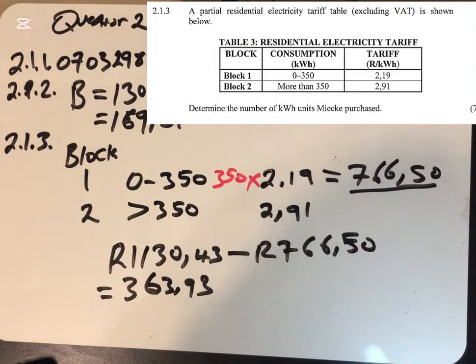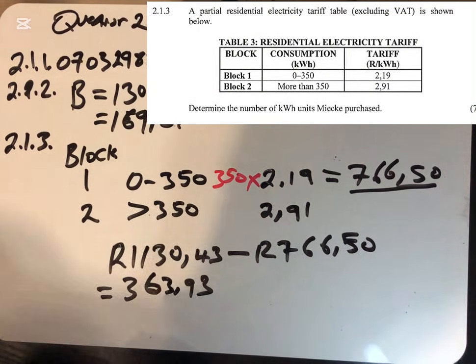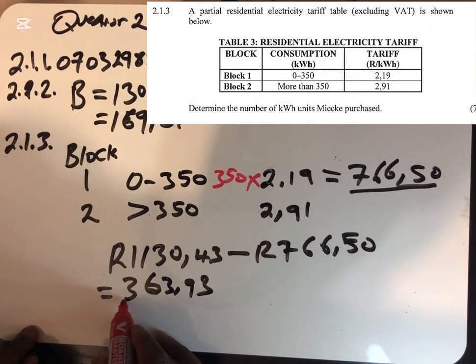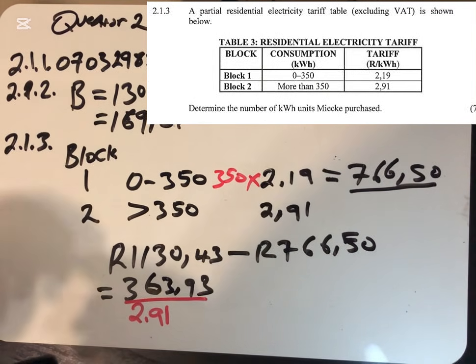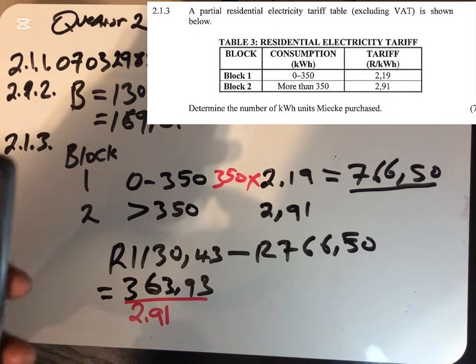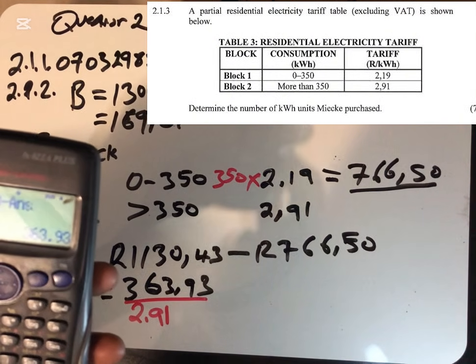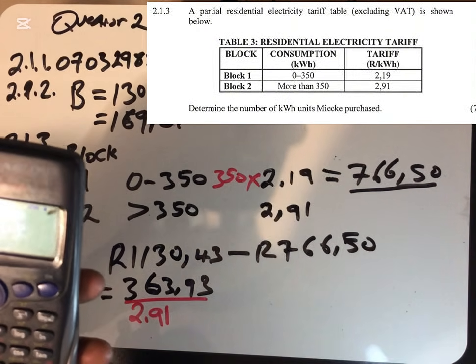So in block number 2, the unit's price is 2 rand and 91 cent. You just divide this amount by 2 rand and 91 cent to find the number of kilowatts they've used in block number 2. So we take the answer that we have, we divide it by 2.91.